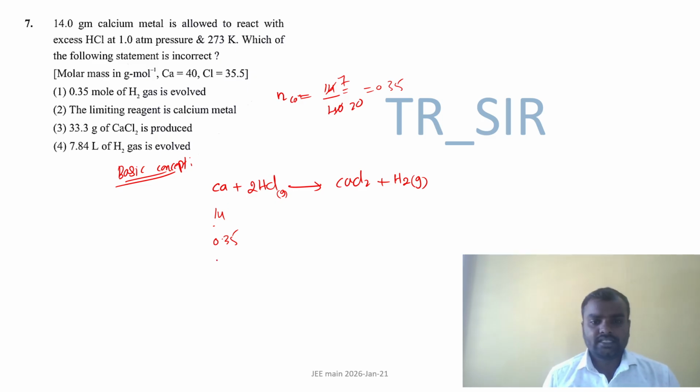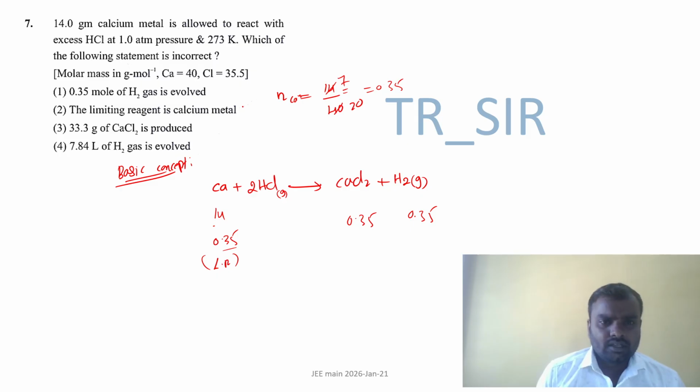So this will fully react, forming 0.35 and 0.35. That means this is correct: limiting reagent is calcium metal. So the second statement is correct.